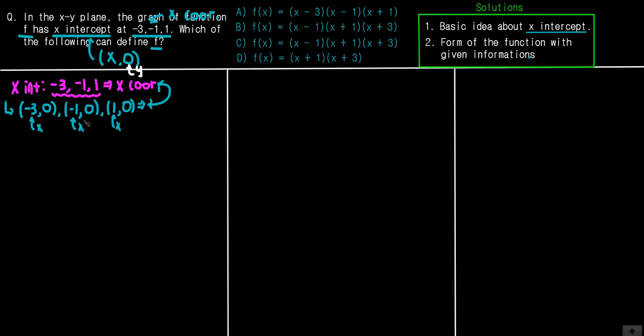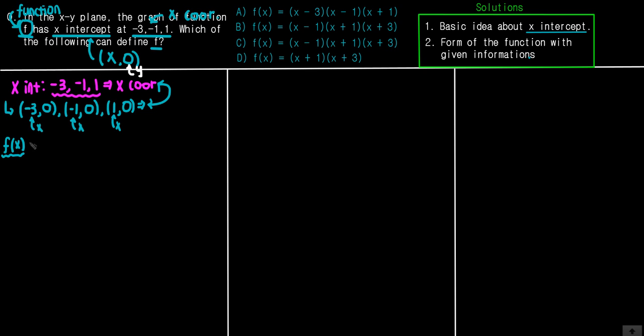So we can make a function form using the information that is given. At first we know that the function is f, and usually instead of y, we can replace it with f of x. It has the same meaning as y, but we use it because the given information said the function is going to be f in this case.